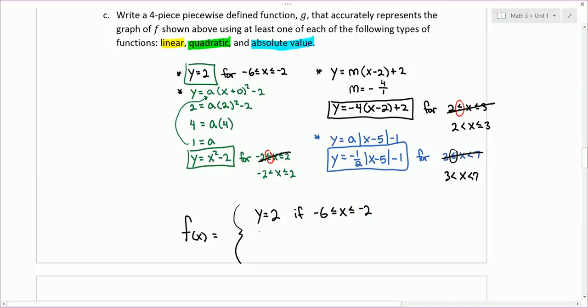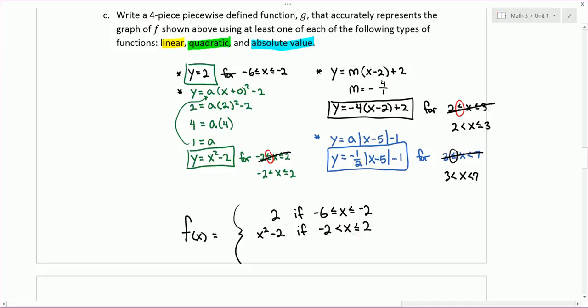Our second piece is y equals x squared, and we don't really write the y equals, so I'm going to go back and get rid of that y equals 2 because it's really y is f of x, so it's f of x equals 2 if x is within that range. So the next one, y equals x squared minus 2, so I'm going to just write x squared minus 2, and that's if -2 is less than x, which is less than or equal to 2.